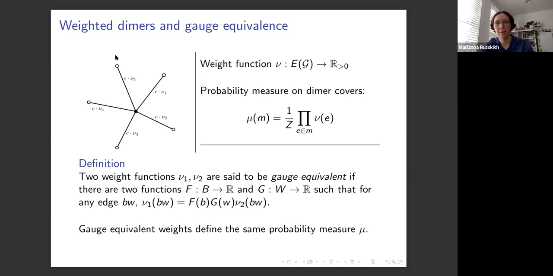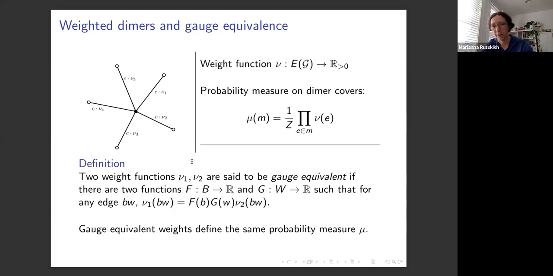So we will take only one of those edges. Therefore, the weight of each configuration will be multiplied by the same constant. So we call two functions gauge equivalent if one can be obtained from the other by a sequence of such multiplications. In other words, two weight functions are said to be gauge equivalent.